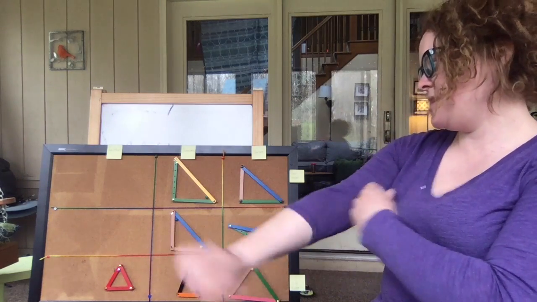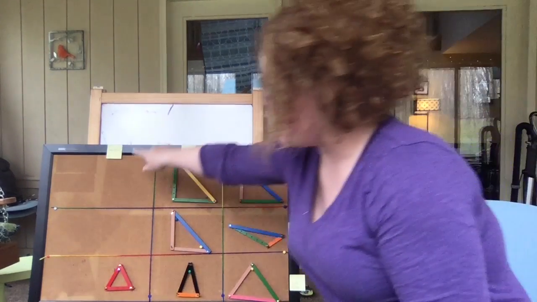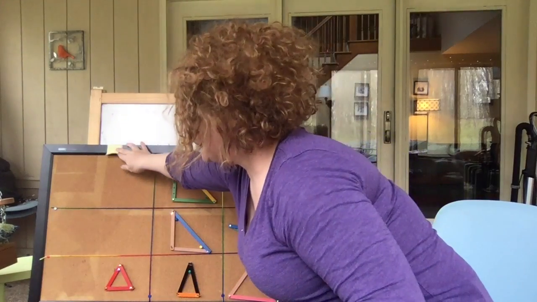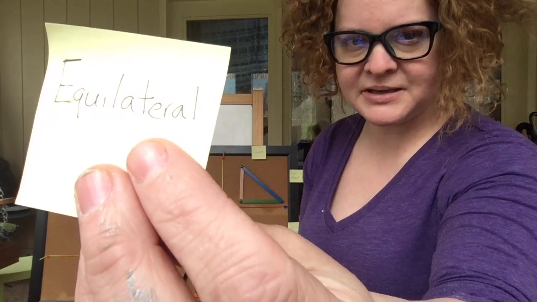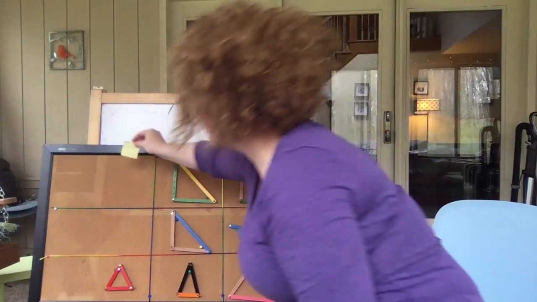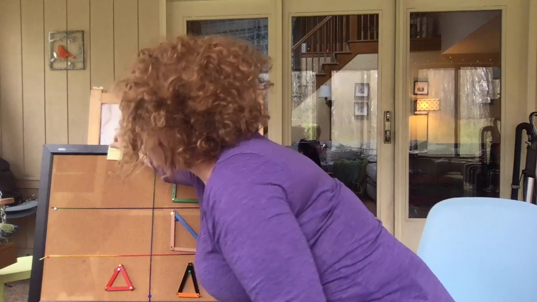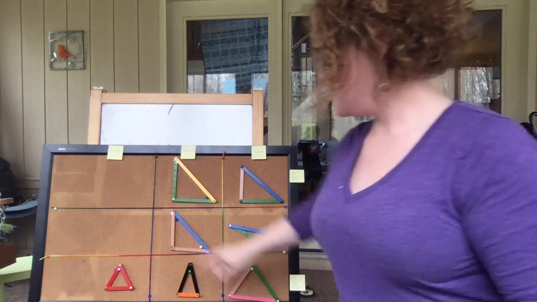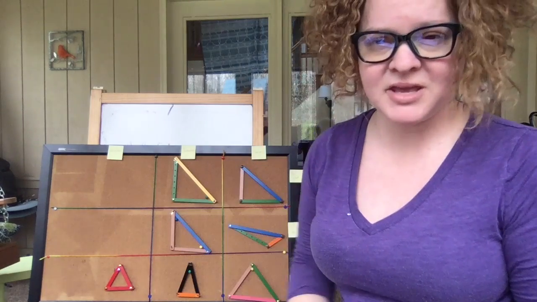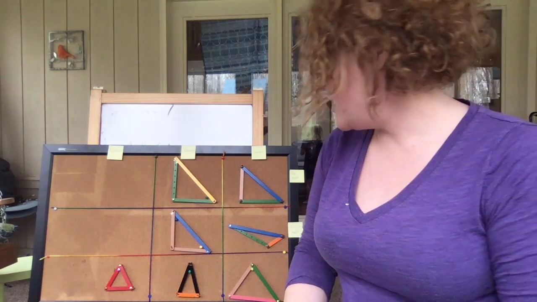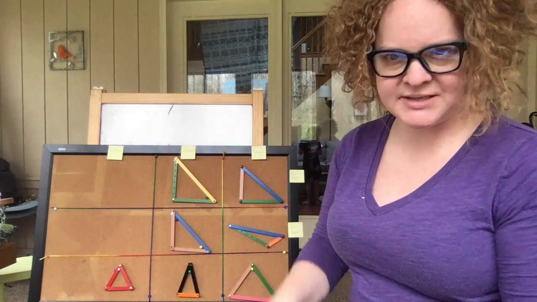So let's start here. Let's start with our equilateral column. So this tiny little Post-it, oh, there it is. It says equilateral, meaning equal sides. And you'll note we don't have a right angled equilateral triangle. And we certainly don't have an obtuse one because that wouldn't work, would it?